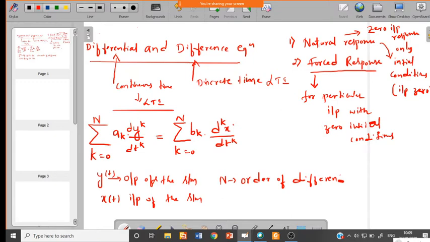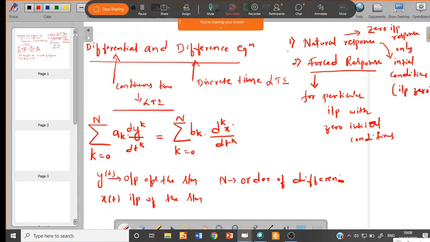Now if you take the general form of the natural response in the differential equation, we have already seen the general form of any differential equation for an LTI system. For the natural response case we have assumed that the input is 0, that means x of t becomes completely 0, so the right side of the equation becomes 0.